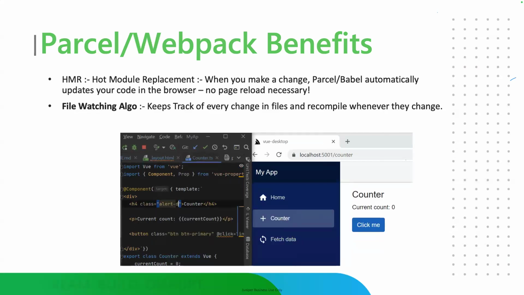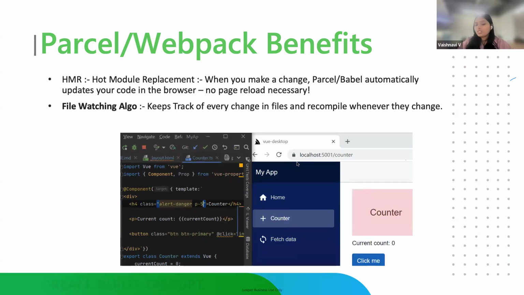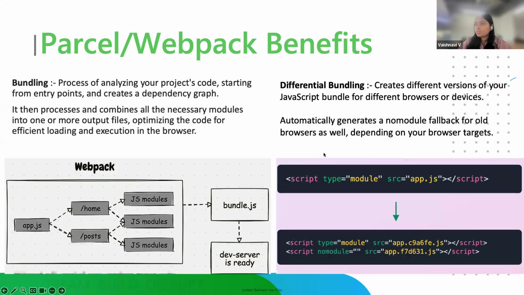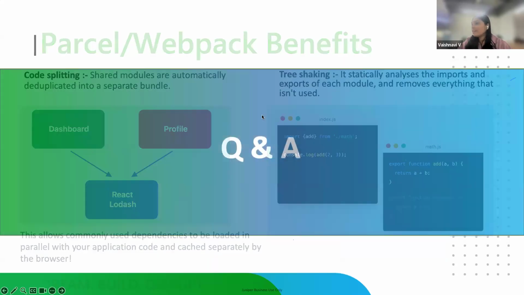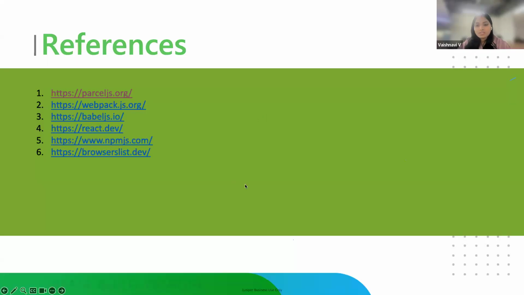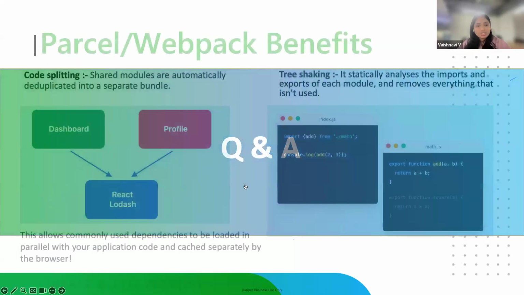Another question from Ritesh: is Parcel allowed to do minor configuration if we require it? Yes, you can actually go to their website. Let me show it to you. I'm referring to everything from their websites only. Technically, it's zero config for building your application.